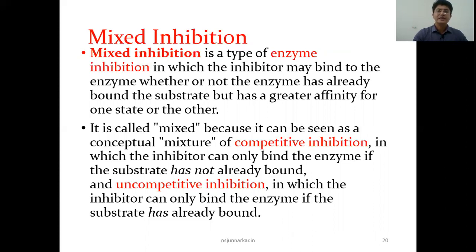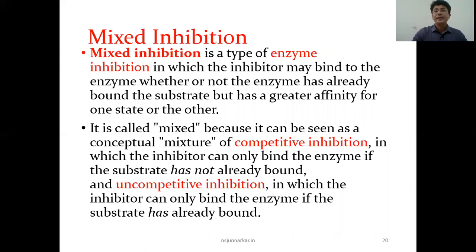In case of mixed inhibition also, it can bind to both kinds of species of enzyme, either free enzyme or ES form, but the mixed inhibitor has more affinity towards one kind of molecule, that is either free enzyme or the ES complex.